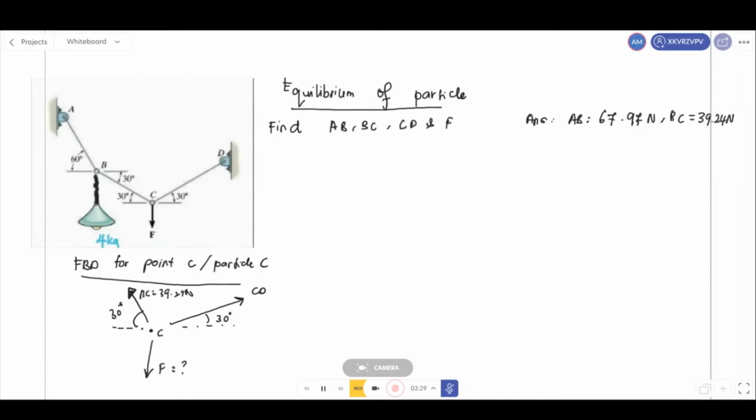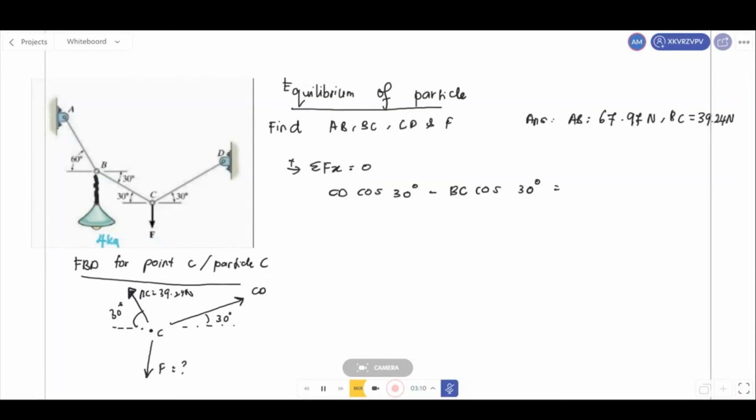I'm going to show you the first one, the rectangular components. We use the summation of Fx equal to 0. Here we put CD. CD is positive in the x component, CD cos 30 degrees, and the BC also has an x component, but it is negative, so negative BC cos 30 degrees.